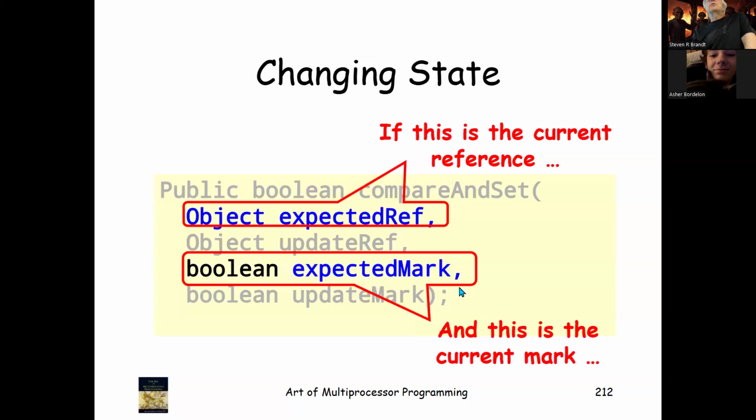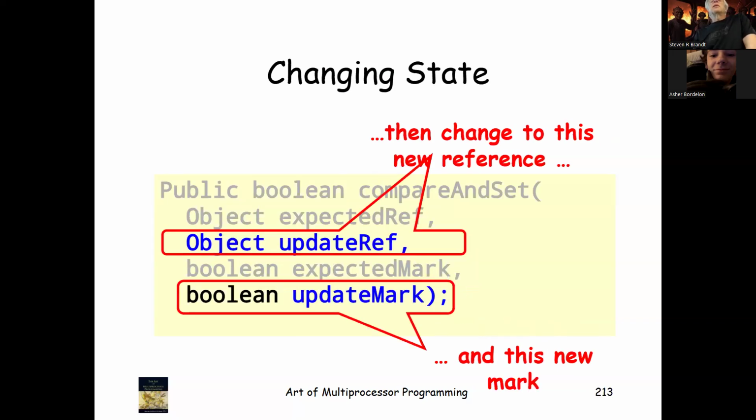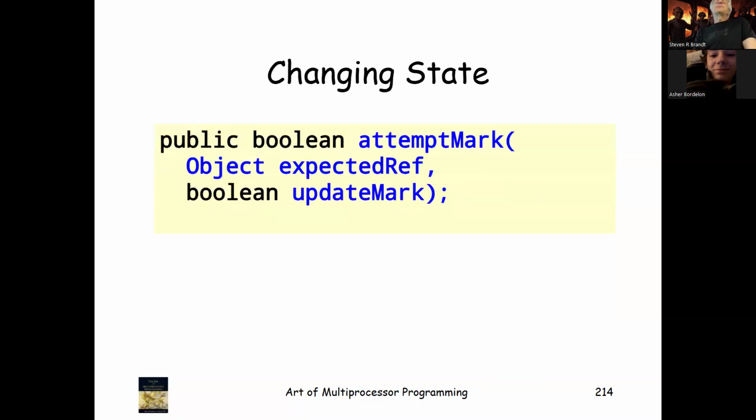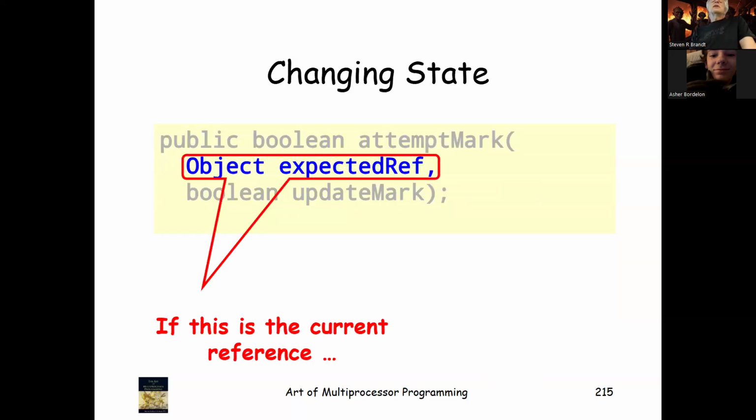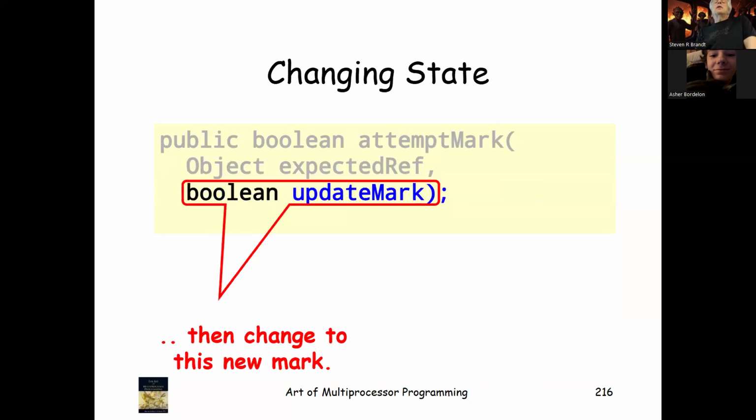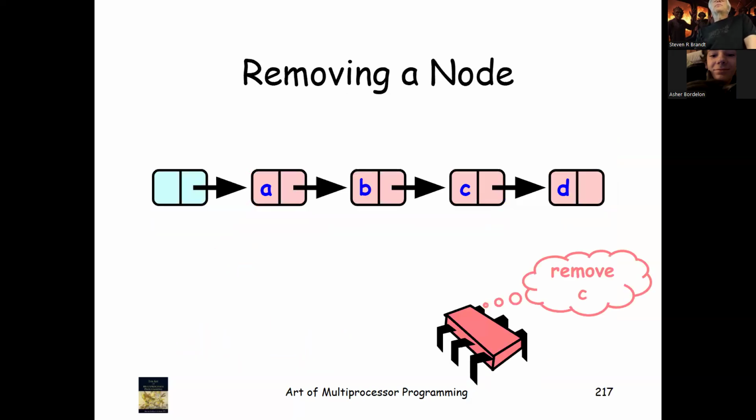If we have the current expected reference and the current expected mark, then we'll get the new object reference and the new mark. And then we have attemptMark, where we can say, if this is the current reference, then change to this new mark.